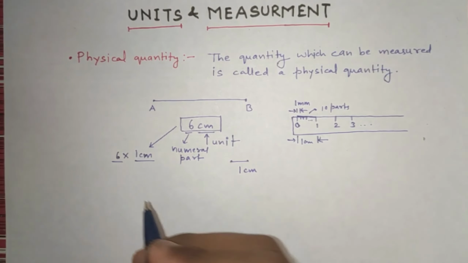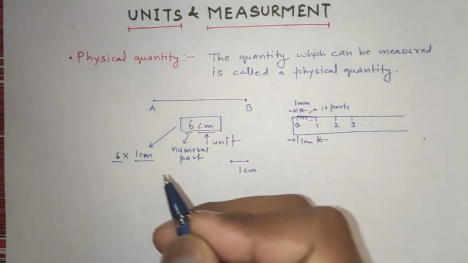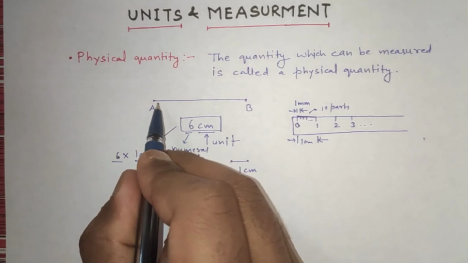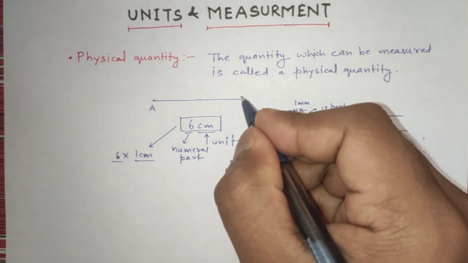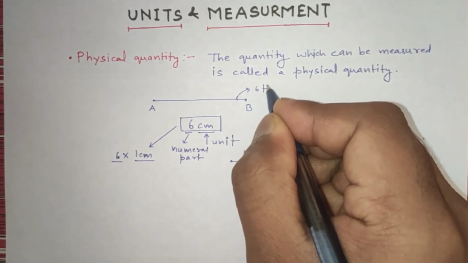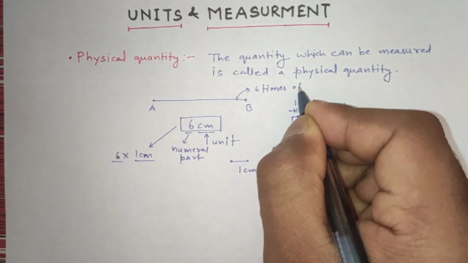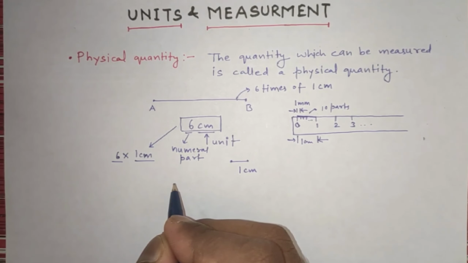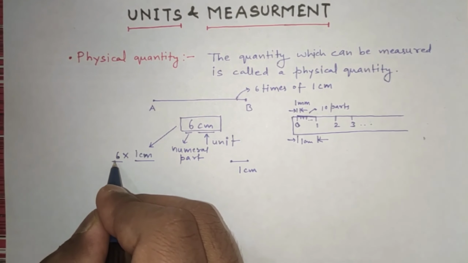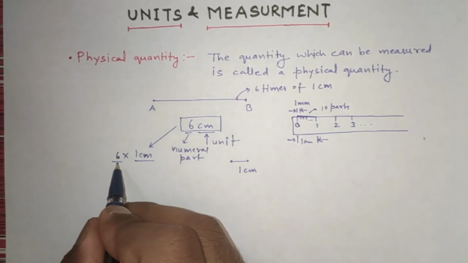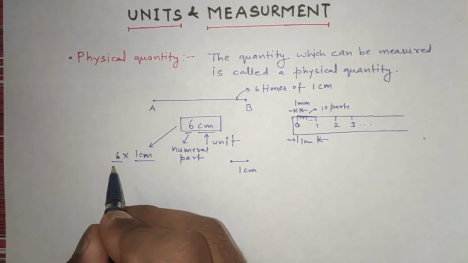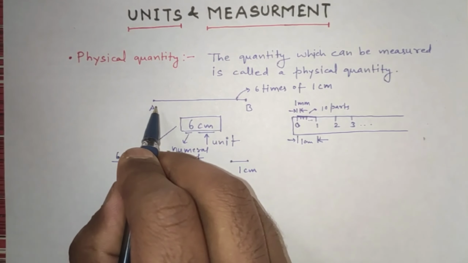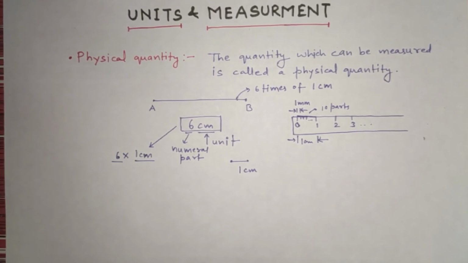So 6 times of this length is this length. It means this is 6 times of 1 centimeter. Okay. So what this number tells here? This tells how much times of some reference standard is the length of this line.